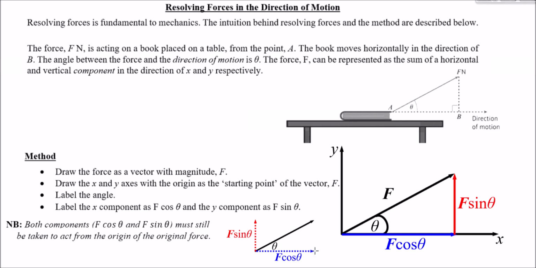So the component opposite to the angle is always hypotenuse sine of the angle. The other one is F cos angle. So I'd always do the opposite component first, which is always the hypotenuse multiplied by sine of this angle, in this case F sin theta.